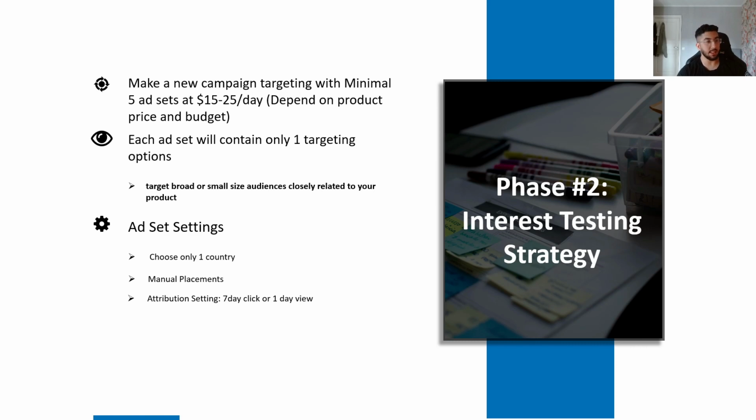In the ad setting, choose one country only. As I said in my previous video, I only choose one country to advertise for. Placement is manual placement in testing. With manual placement, I just use Facebook and Instagram, only mobile devices, and only Facebook feed and Instagram feed.